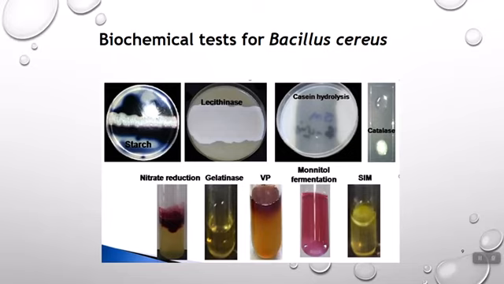As you can see on this slide, the biochemical tests to identify Bacillus cereus included starch hydrolysis on starch agar, lecithinase on egg yolk agar, casein hydrolysis in skimmed milk agar, catalase, nitrate reduction, gelatinase, VP, mannitol fermentation, and SIM.